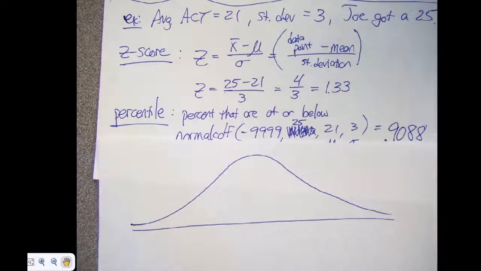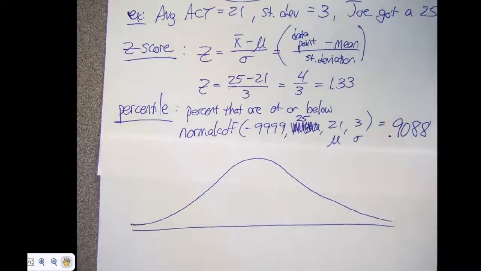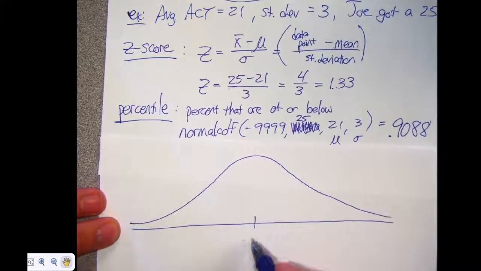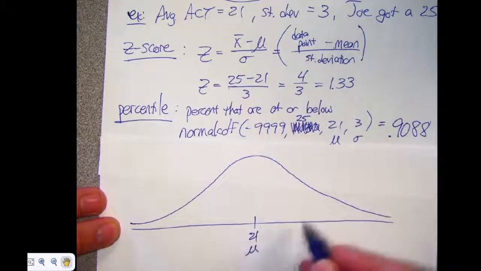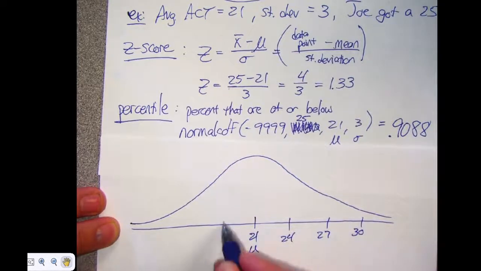Alright, so the last thing I want you to do is sketch it. We are trying to get an understanding of what these numbers that we just found actually mean. So make a little normal curve. 21's your mean. Start doing your standard deviations each way.